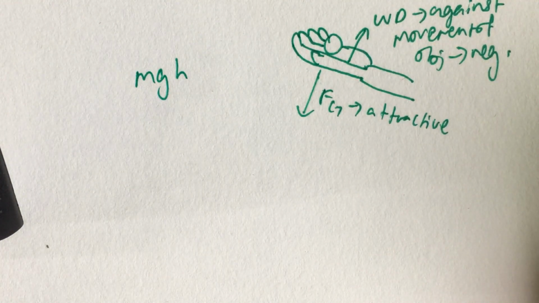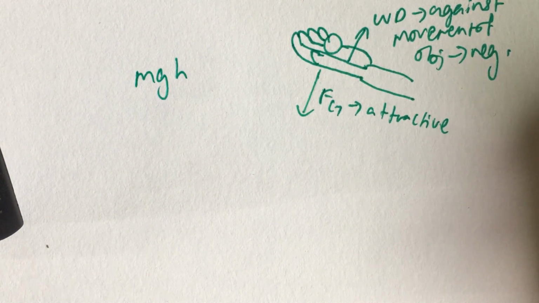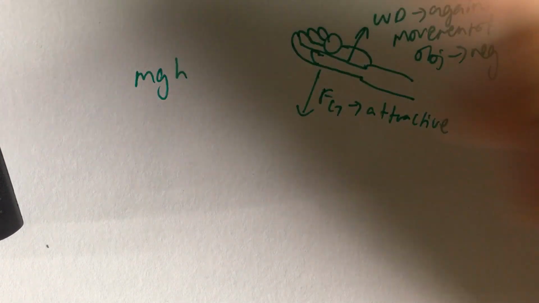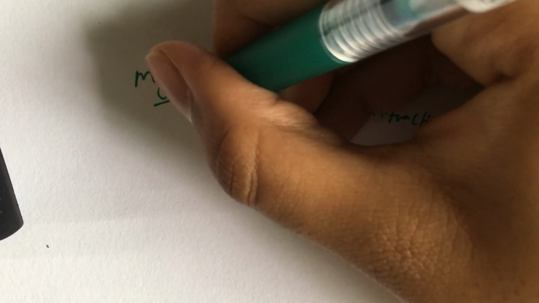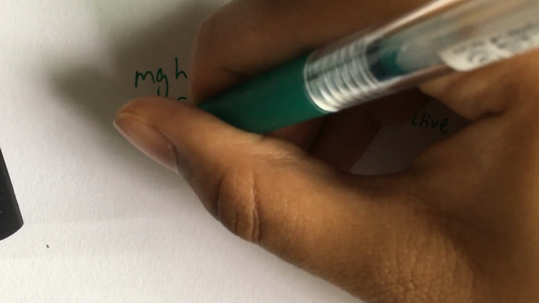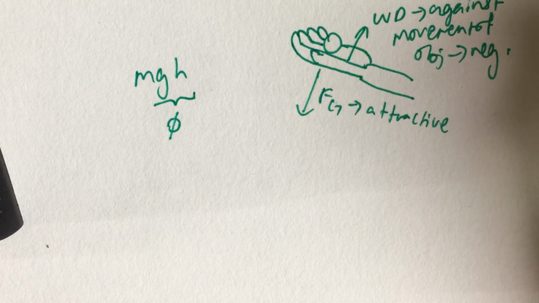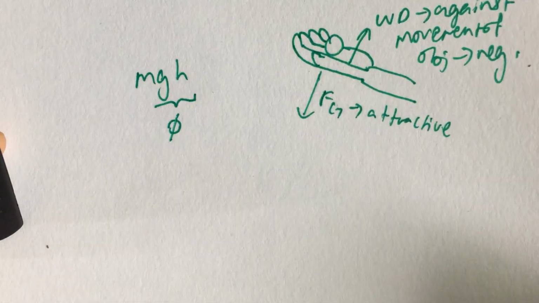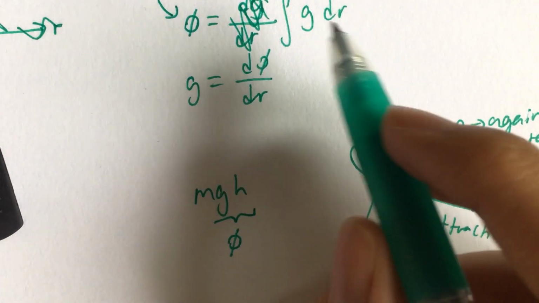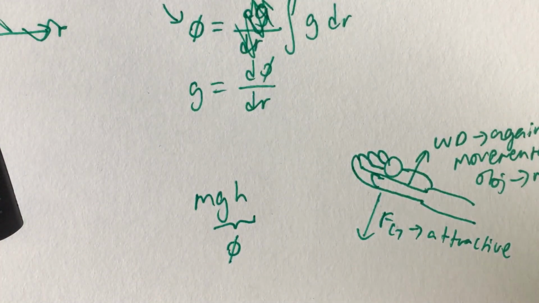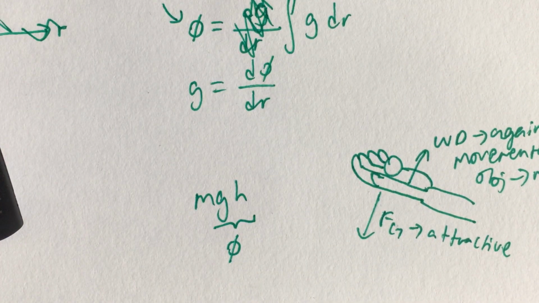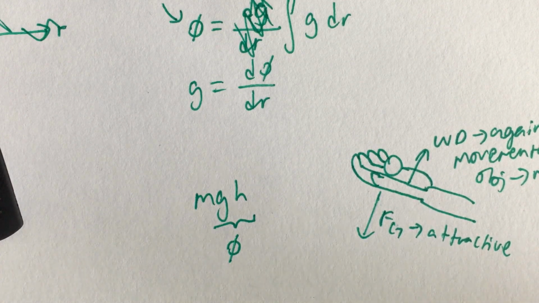But if you're very far away from the Earth, you can't really use mgh because your g won't be the same anymore. So this is more like the integrated version of g over h. Actually, that's what it is: if you integrate g with respect to h, you get potential.